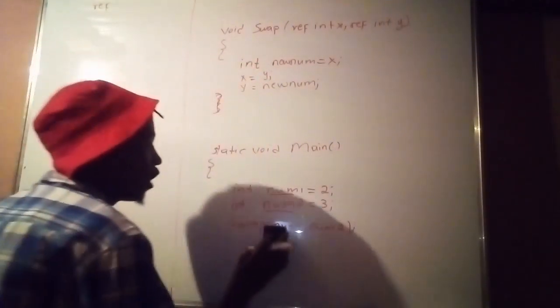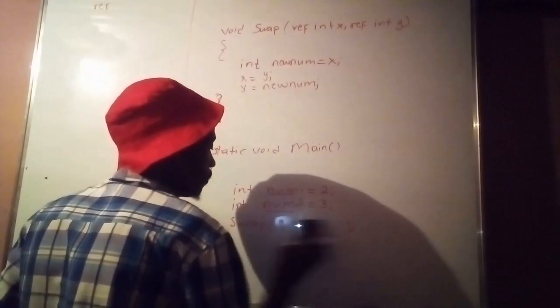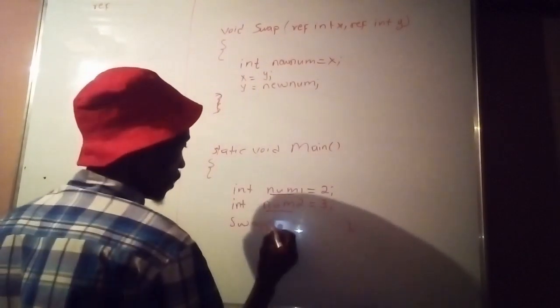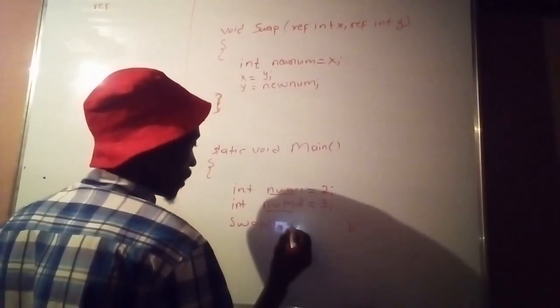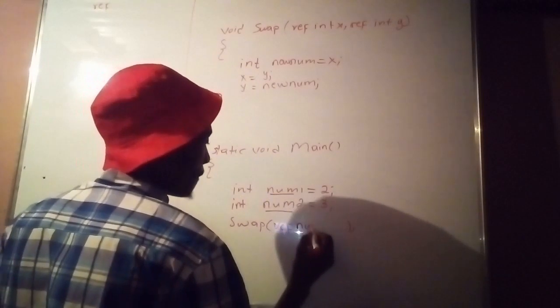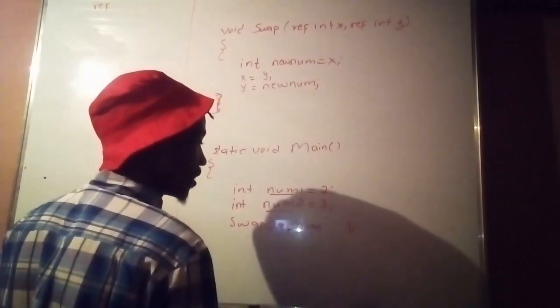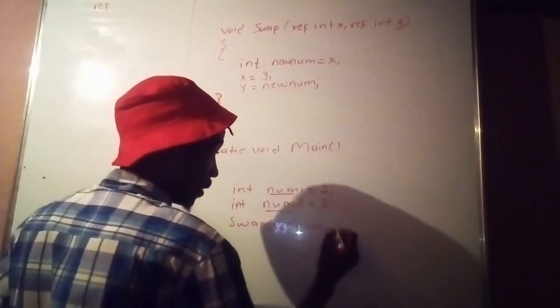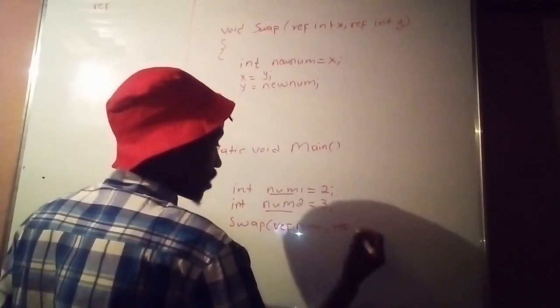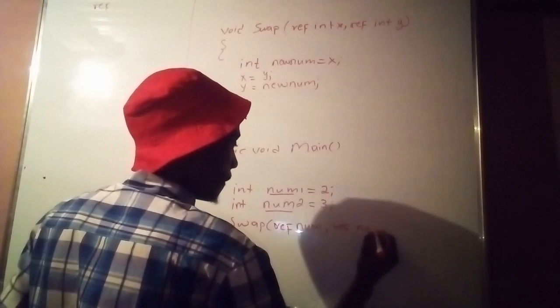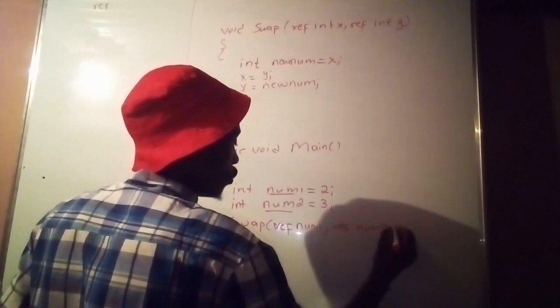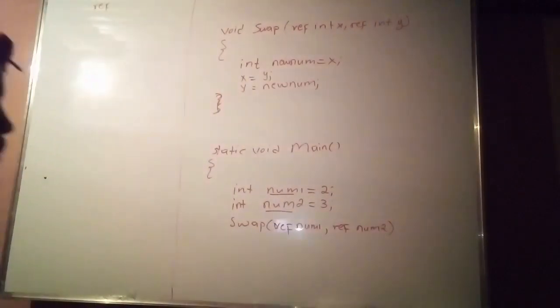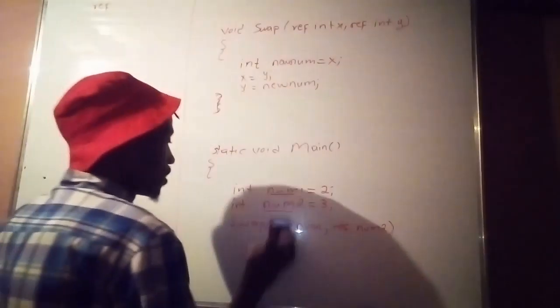So when we call this method, we also have to use the ref keyword again. ref num1. We are passing the reference of num1, not the value of num1. We are passing the address of num1. ref num2. Cool. Now, because we have passed the reference, let's fix this one.